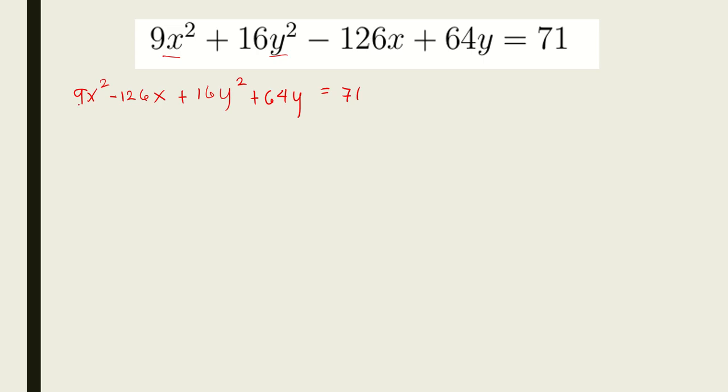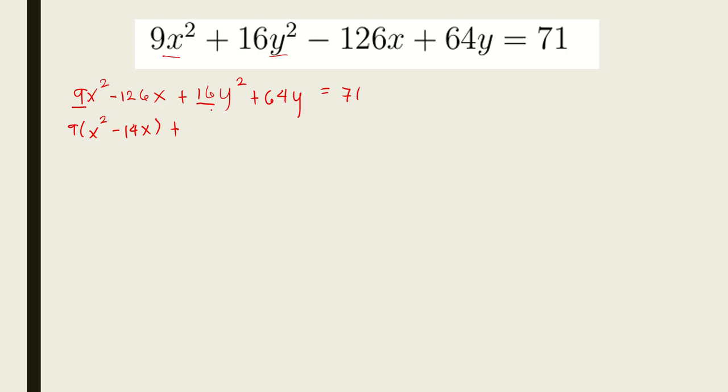What we're going to do is double check first the numerical coefficient of our variables whether it is equal to 1. So in the x variable, we factor out the 9 and then the remaining value will be x squared, because 9x squared divided by 9 is x squared, and then 126 divided by 9 is equal to 14x.